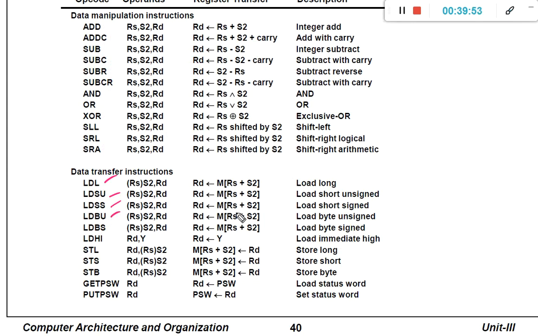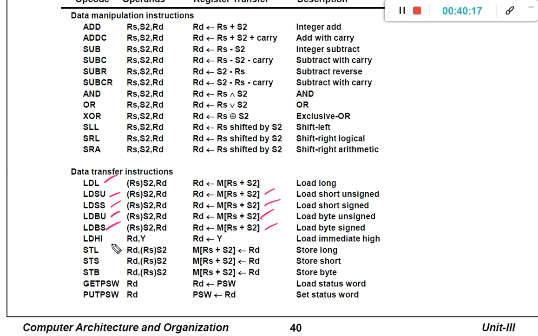How is the operation carried out? The operation is carried out in the same fashion. However, the implementation will be different. Here we are going to use unsigned, here signed value, here the byte unsigned value, here the byte signed value. However, the operation is the same. What is the operation? Load.